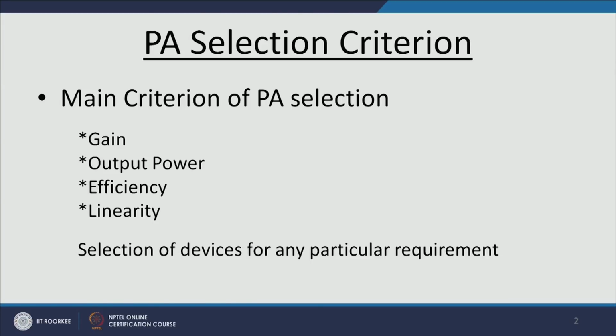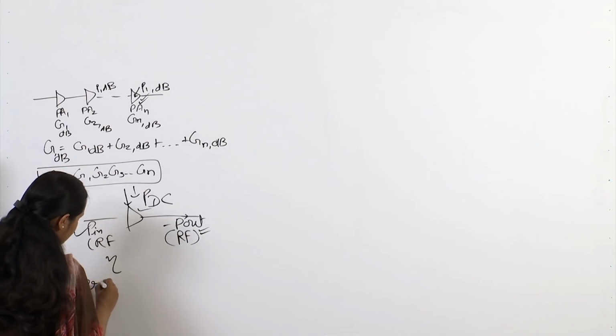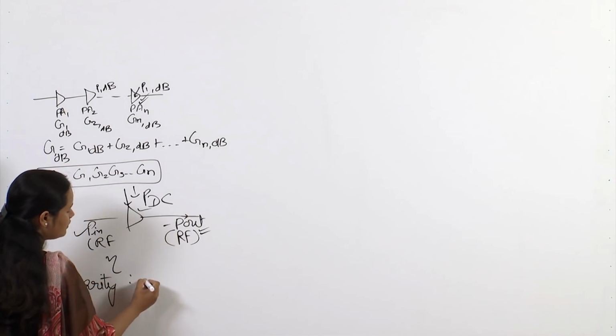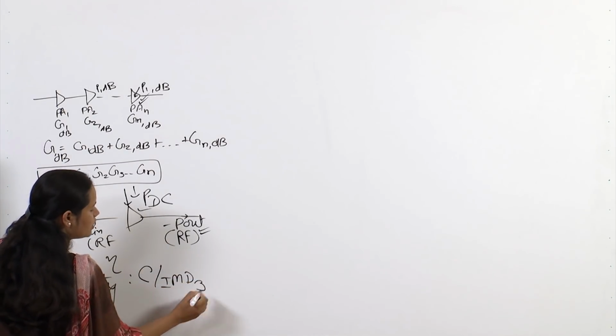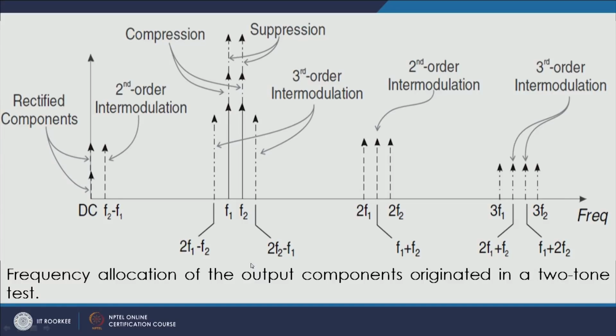Now, linearity is mostly seen in terms of carrier to intermodulation distortion of third order. We have covered third order earlier by the two-tone test, that the third order products are the ones which fall near to the original signal.